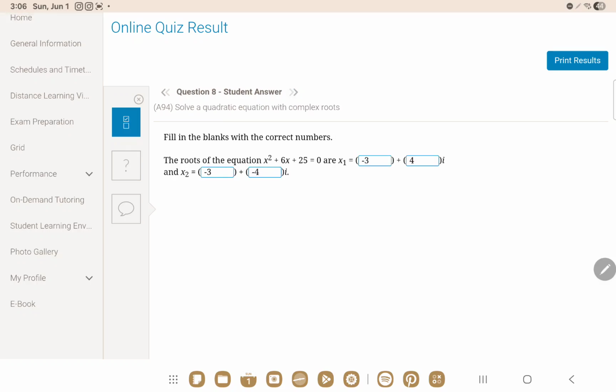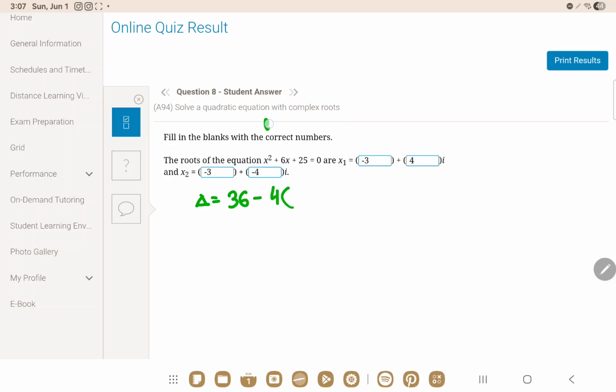Let's solve a quadratic with complex roots. Again, first, you could definitely do this on your calculator and you will surely get the answer correct. But let's solve it manually. Delta is equal to b squared minus 4ac.